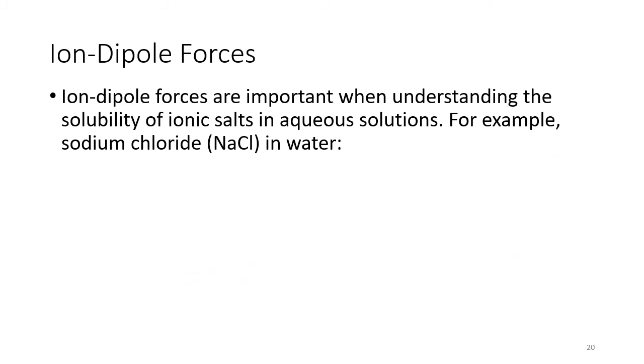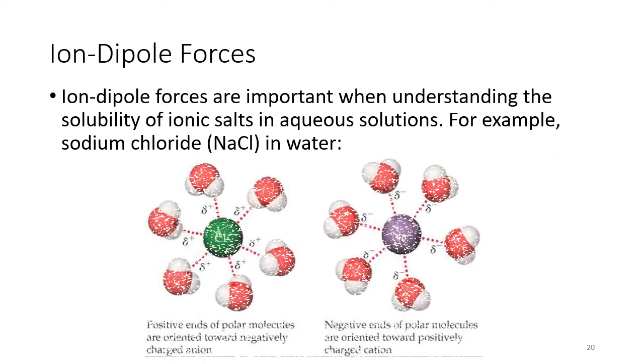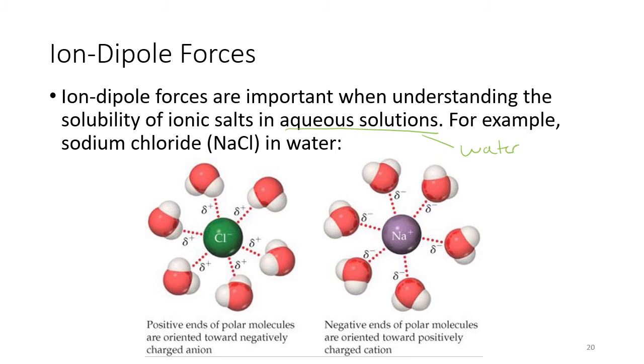Usually in this class, when we're making solutions, our solvent has been water. Therefore, we said we made aqueous solutions. Water, we talked about, has hydrogen bonding as its strongest intermolecular force because we have hydrogen directly bonded to a small electronegative atom, which is oxygen.